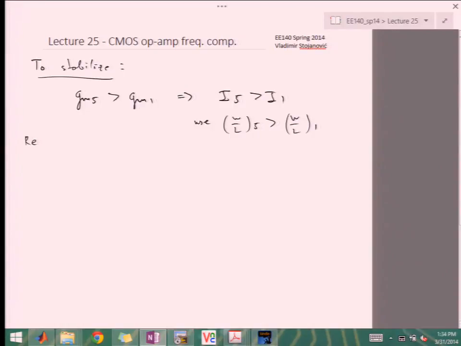The reason why we're doing it like this through sizes is that, remember, we want to have V overdrive the same in both stages. Anybody remember why we want that?